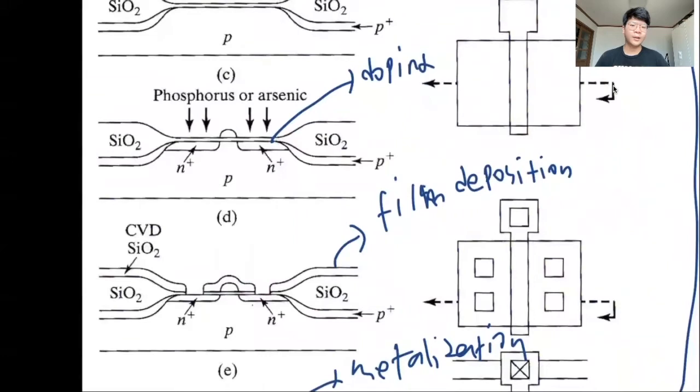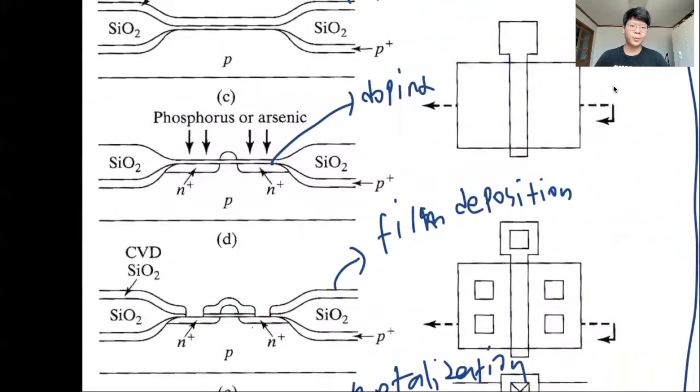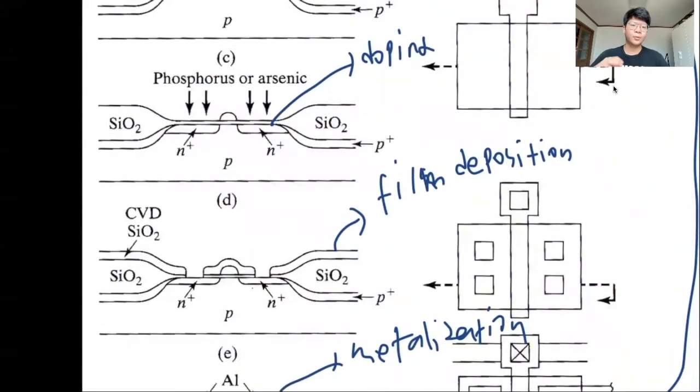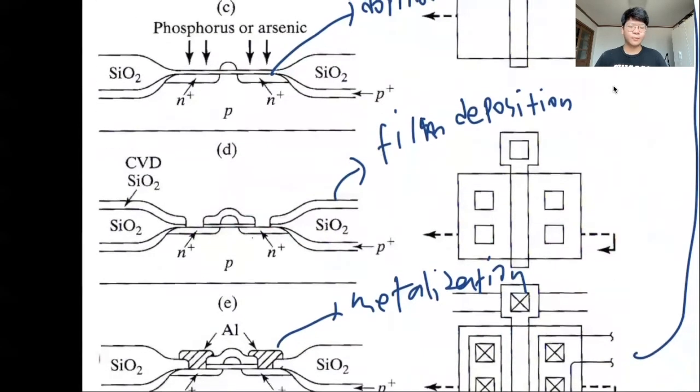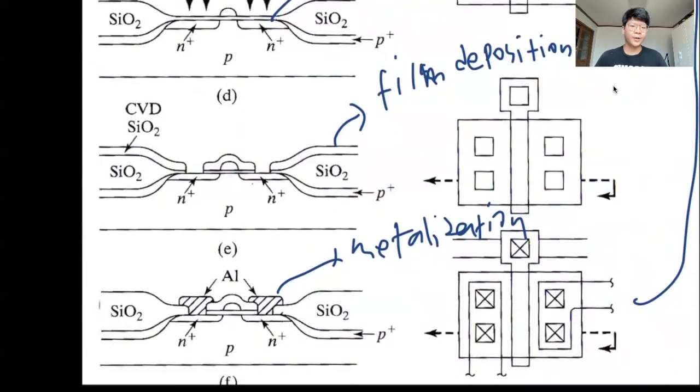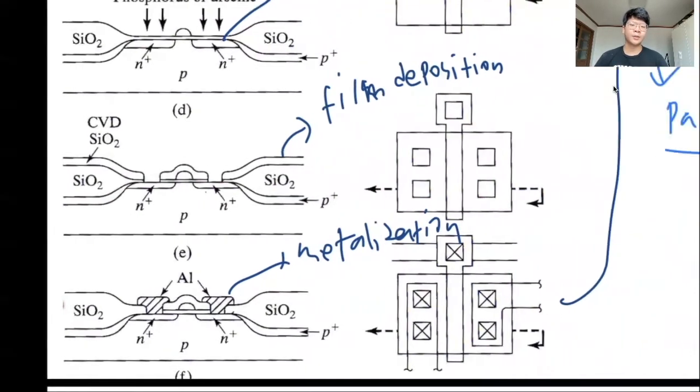And lastly, we dope, and to prevent outer interventions, we deposit silicon dioxide. Finally, we make a metal contact like aluminum or other metals. We call this process metallization.